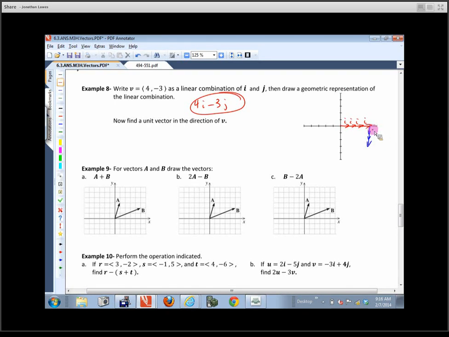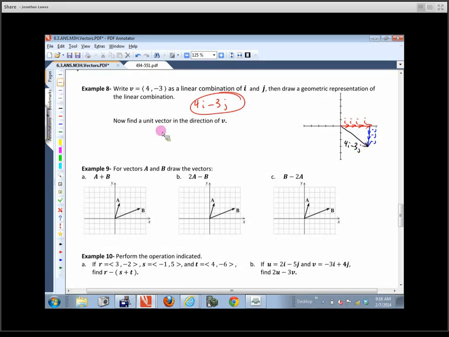So there's a minus j, there's a minus j, and there's a minus j. And then here's the resultant. Again, from the tail of the first one to the tip of the last one, this is going to be 4 i's minus 3 j's. That's what it would look like. Okay? Any questions?